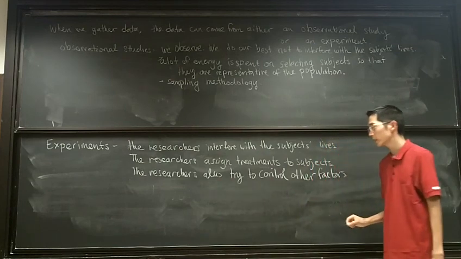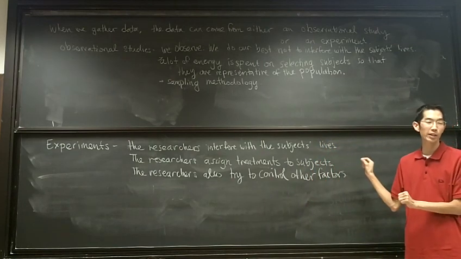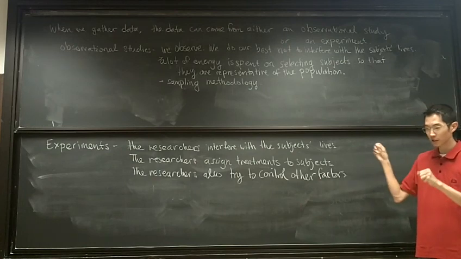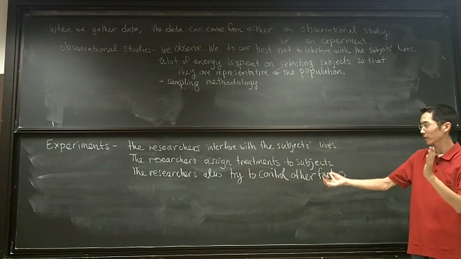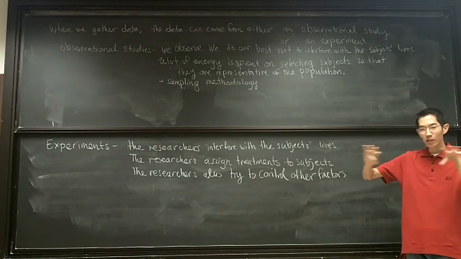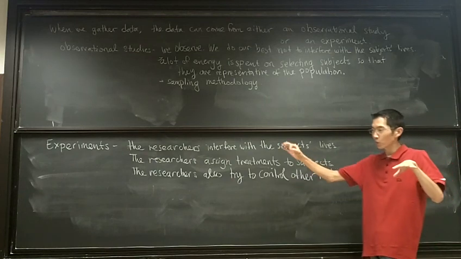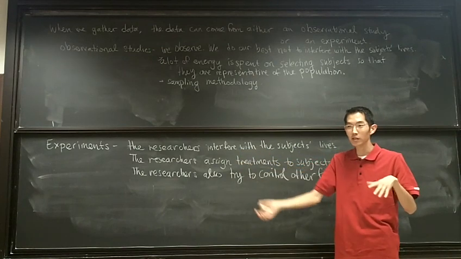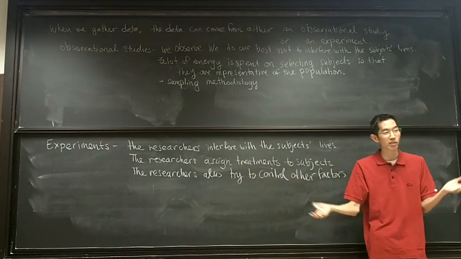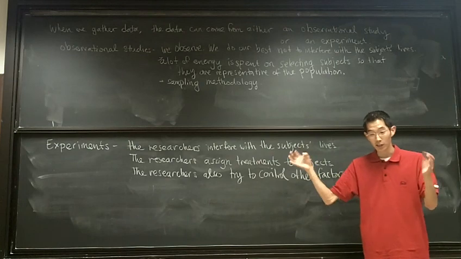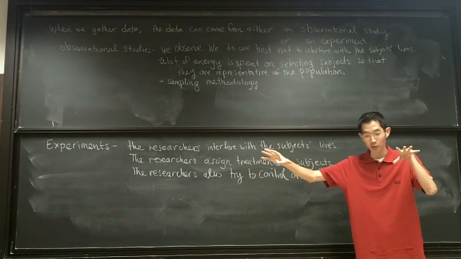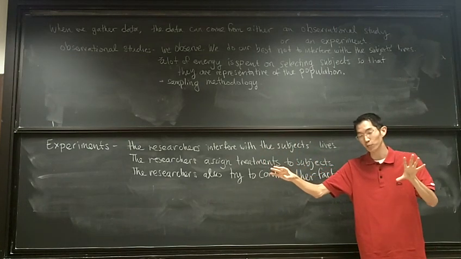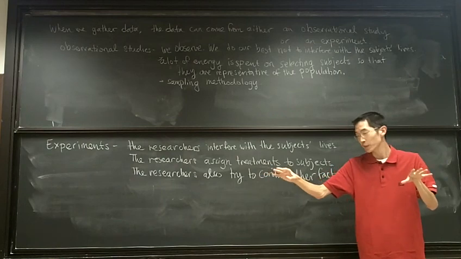The reason they try to control these other factors is this: let's say one group receives an actual drug that's being tested, and the other group receives a placebo that's not supposed to have any effect. So we've got two groups, one receiving the drug and one receiving the placebo.